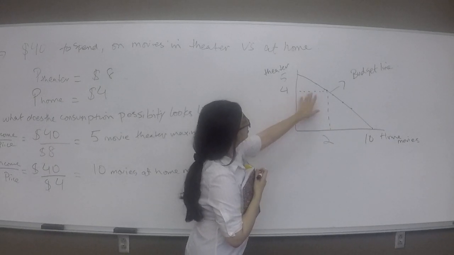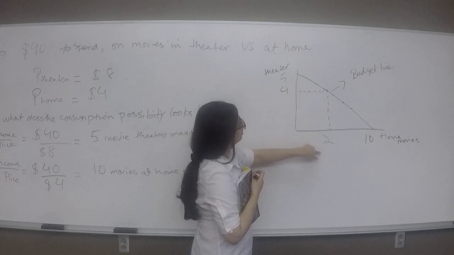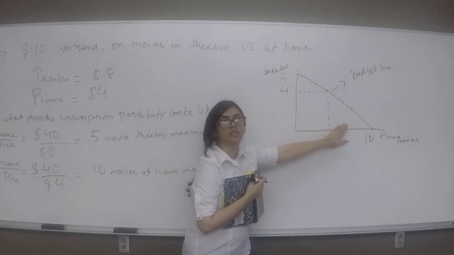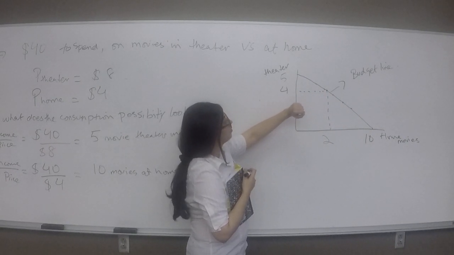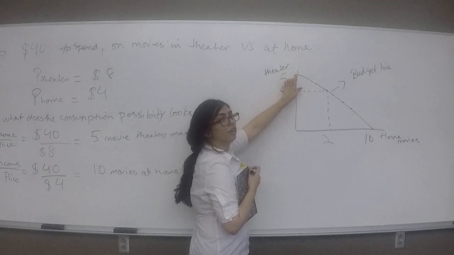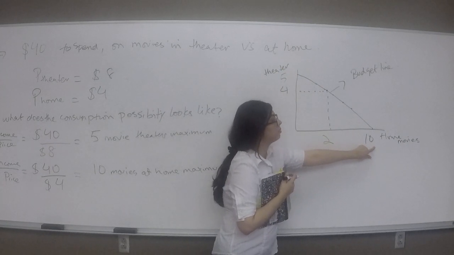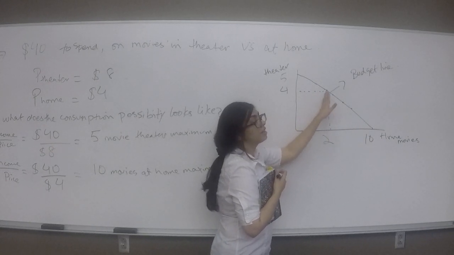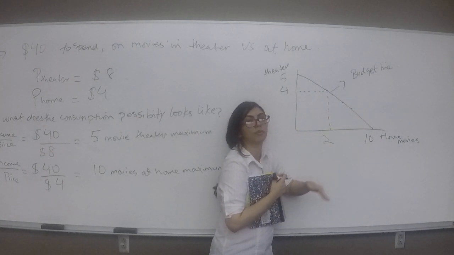So at any given time on the budget line, these are the different possibilities of consumption. This is the maximum consumption of theater movies. This is the maximum consumption of home movies. But any other point on the curve is a different possibility of consumption.